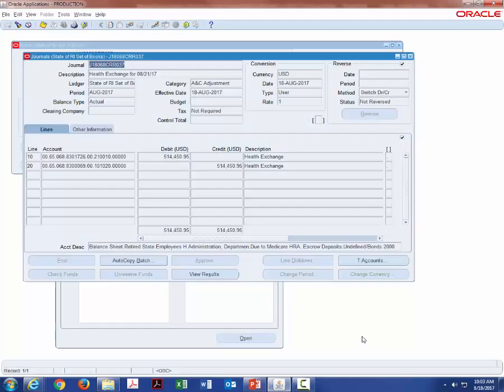As a journal entry reviewer, the first thing you should look for is to see whether the journal entry name complies with the naming conventions established by the Office of Accounts and Control. While a broad range of naming possibilities is acceptable, we do require that, in the case of a general journal entry, the first characters of the journal entry name be a capital J, followed by the last two digits of the fiscal year in which the entry is to post, followed by the three-digit number of the journal initiator's state agency.